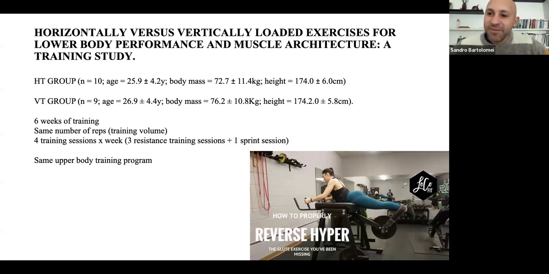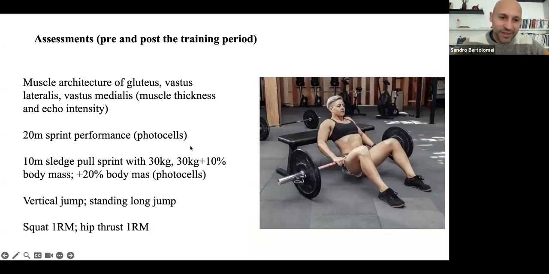on Instagram, many influencers started to cite this study because we measured some parameters that are not usually considered in studies. So now I'm talking about that. The assessments performed pre and post were muscle architecture of glutes, vastus lateralis, vastus medialis, and we also measured echo intensity, which is not always measured in training studies.